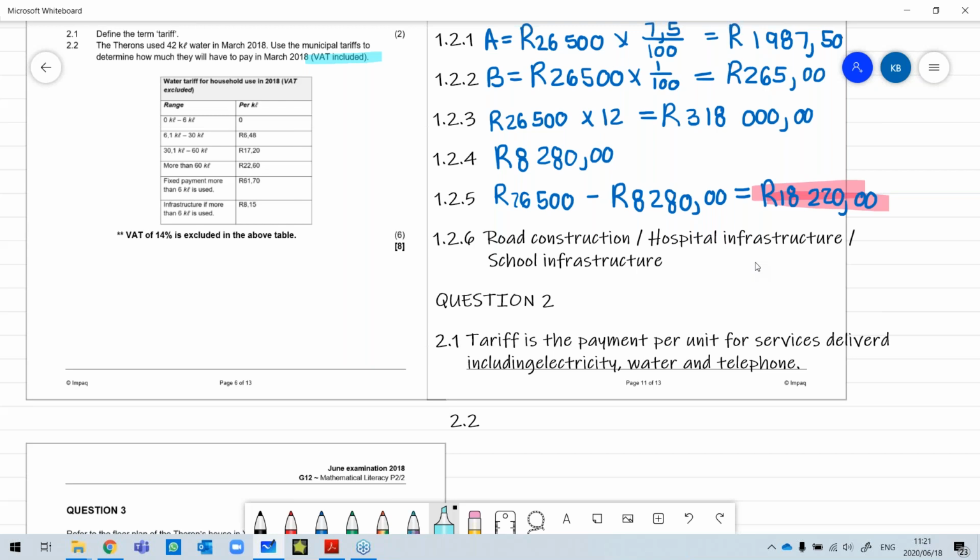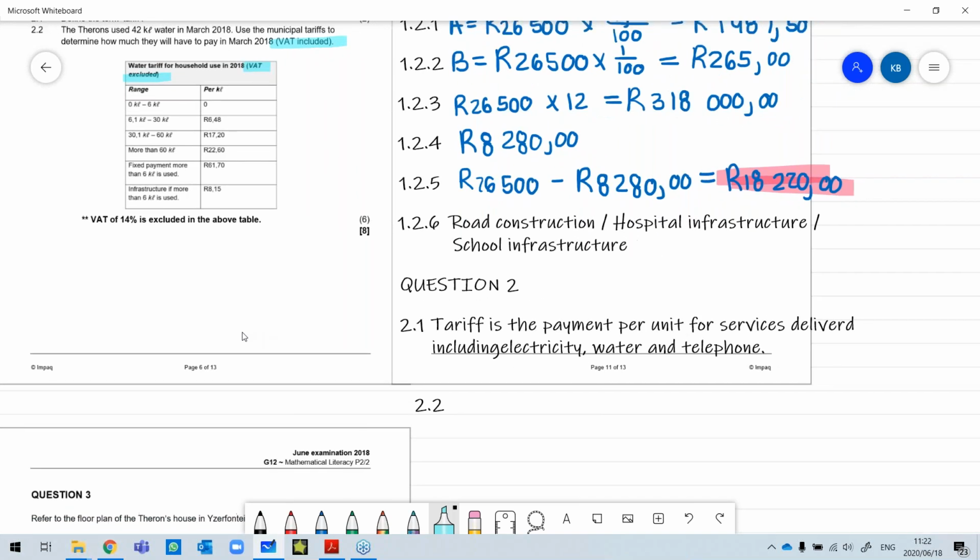So remember, we have to determine the cost for 42 kiloliters, including VAT. And then you will also see the table given, the tariffs exclude VAT. So we have to remember to determine VAT at the end of our calculations. It's very important not to forget that. Now let's continue.